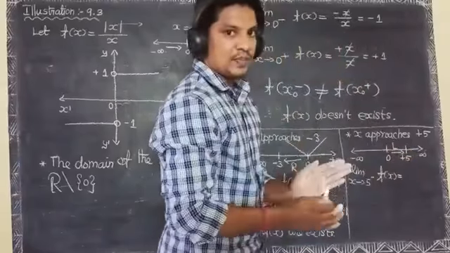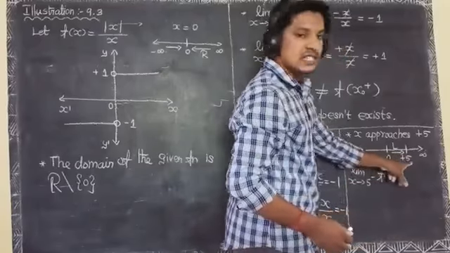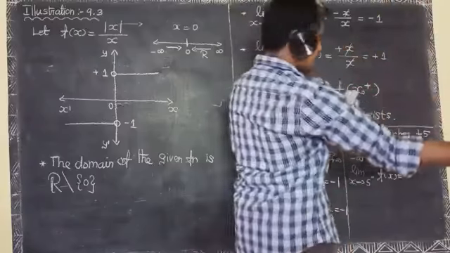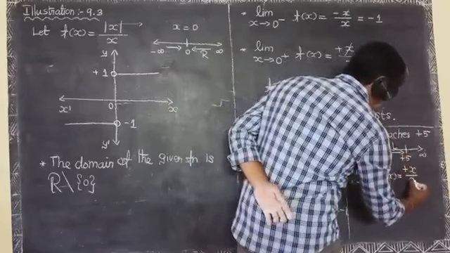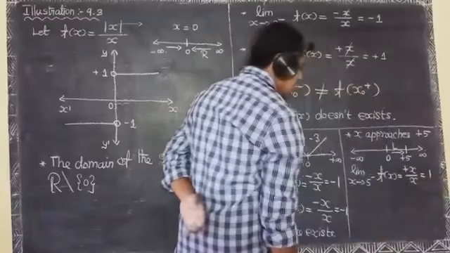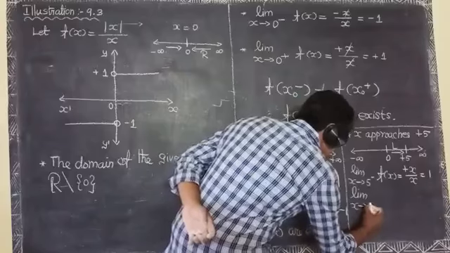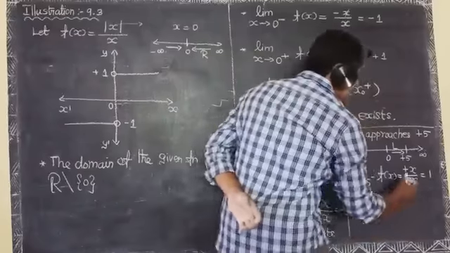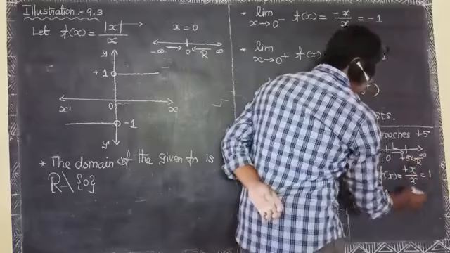The 5 is greater than 0, isn't it? 5 is greater than 0, that is, 5 lies on the positive side. So we take the factor plus x divided by x, which is equal to plus 1. Limit as x tends to 5 plus of f of x means x approaches 5 from the right side.